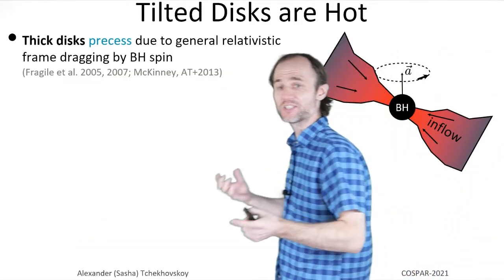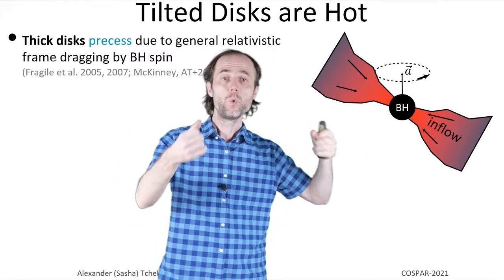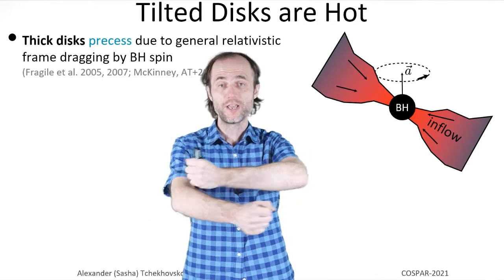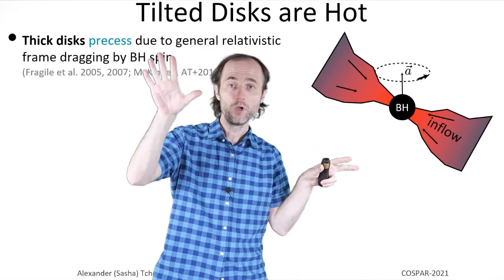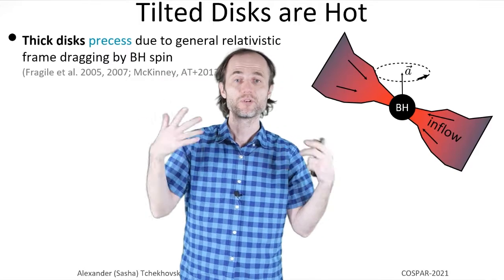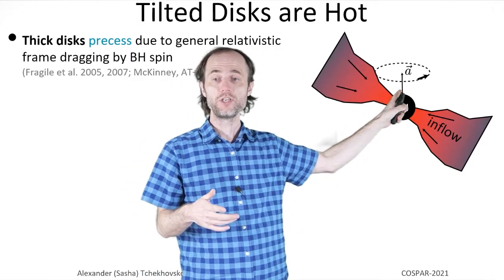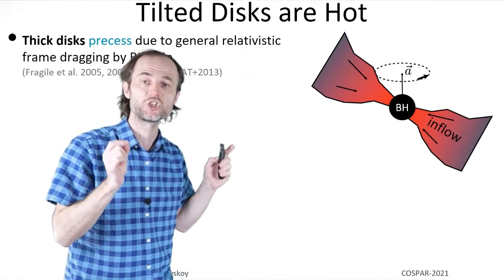In this case, the theory tells us that the accretion disk that's tilted will be subject to the black hole frame dragging forces due to the rotation of the black hole, so that a disk will feel that the space is dragged around, and so the disk will precess as a whole, just like you can see over here. However, that is only expected to be the case for a geometrically thick disk.